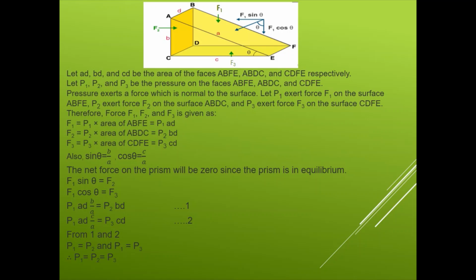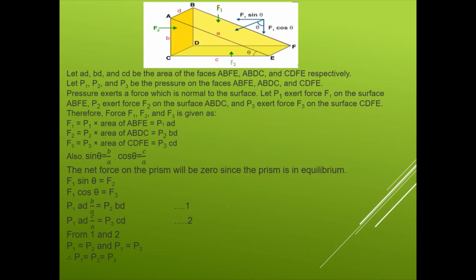Also from the figure we can say that sin theta is equal to b upon a and cos theta is equal to c upon a. Here we are using simple trigonometry. So the net force on the prism will be 0 since the prism is in equilibrium. So we can write F1 sin theta is equal to F2 and F1 cos theta is equal to F3.